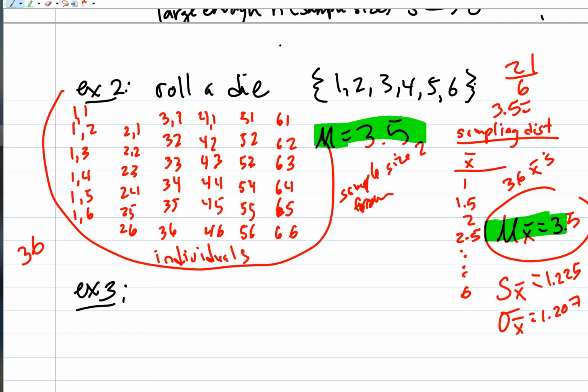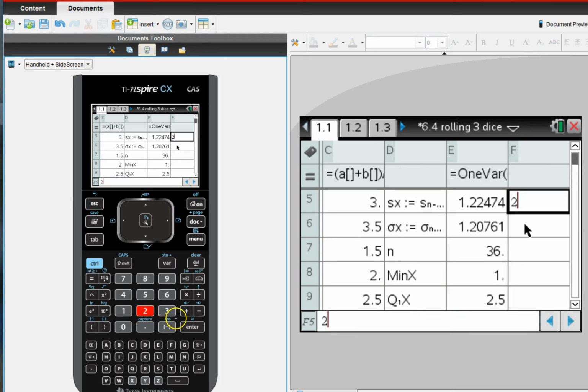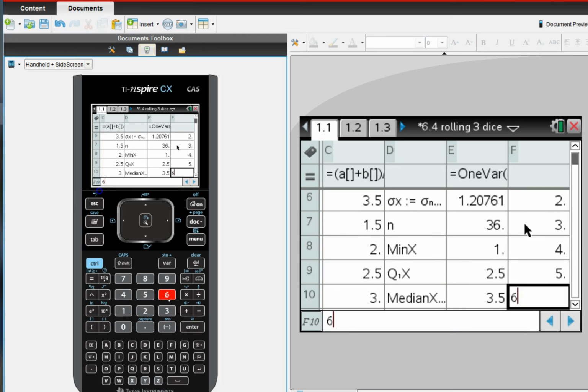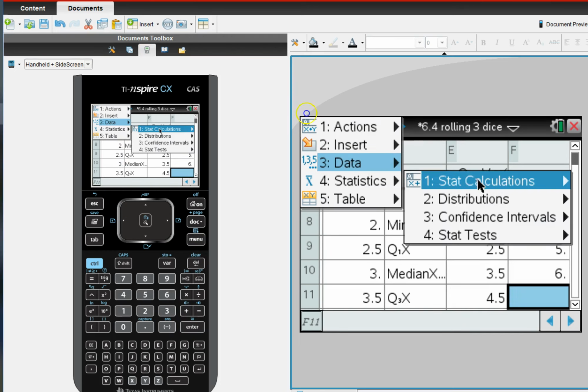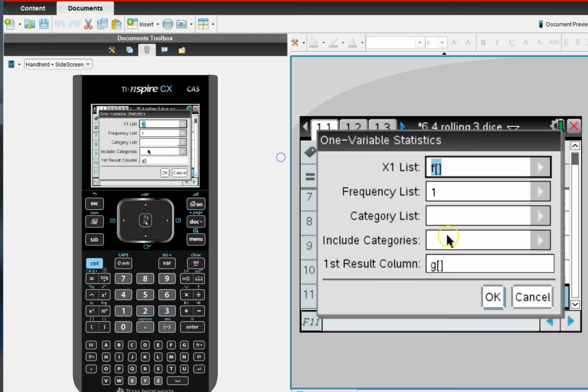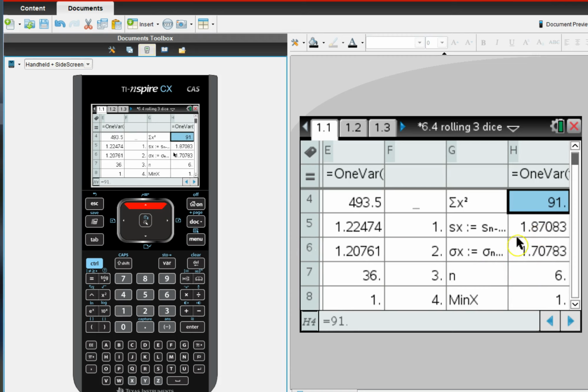That is not going to be the same as the standard deviation of the population. If I have the standard deviation of 6 numbers there, that's not going to equal that same standard deviation. Okay. It's actually going to be less. If I just had the numbers 1 through 6 on the side here, 1, 2, 3, 4, 5, 6, and I ran one variable statistics just on that, it would tell me my mean of 3.5, but it would tell me a much larger standard deviation.